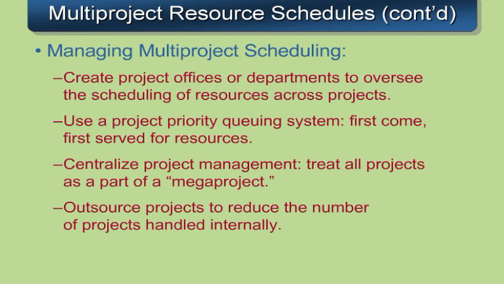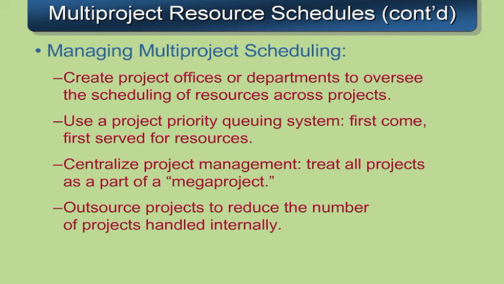How do we address this multi-project scheduling problem? A lot of organizations have created project offices or project departments to oversee scheduling across the projects. Also, developing some sort of additional heuristics for putting projects at a level of priority. Maybe you use a first come, first serve for the resources.